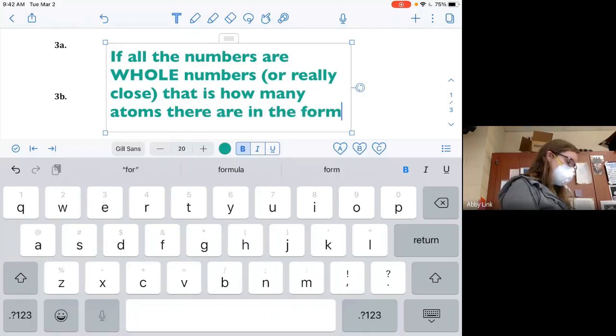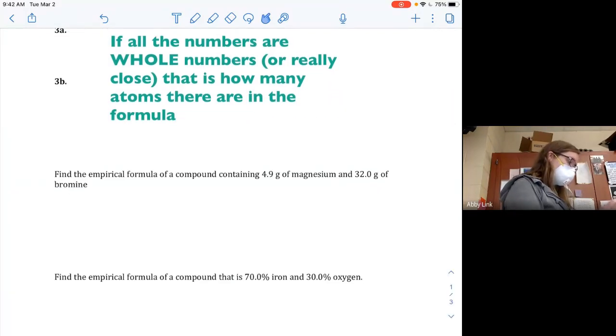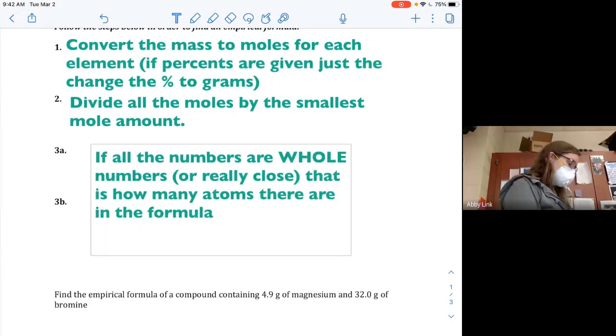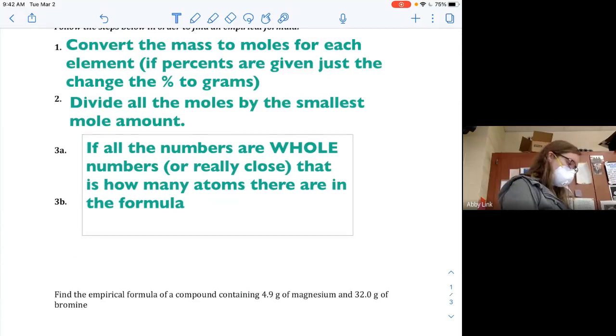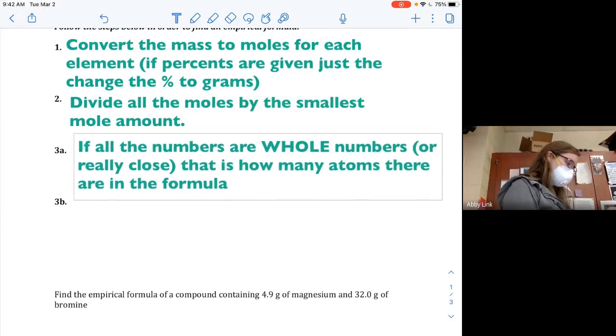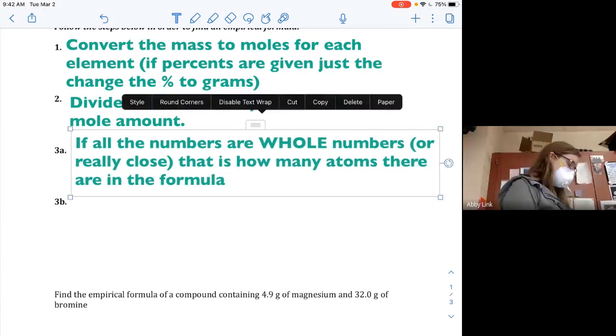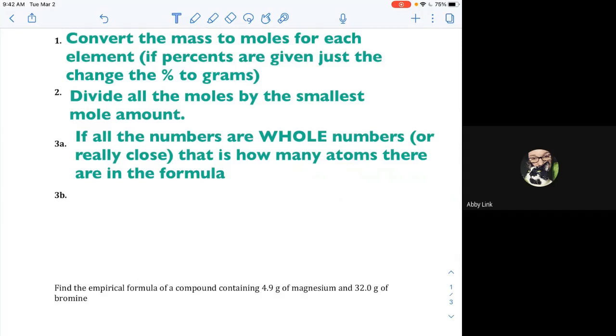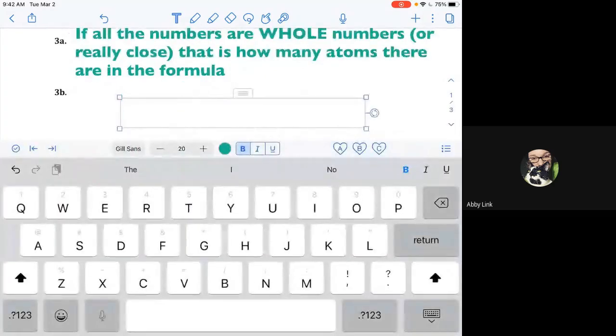So what that means is you're done. You're ready to write the formula, okay? Those numbers are going to become the subscripts in the formula. All right, all the numbers are whole numbers. Easy peasy, we're done.